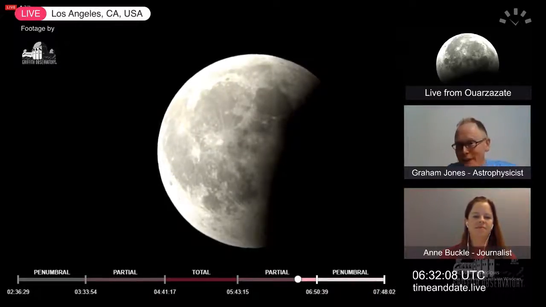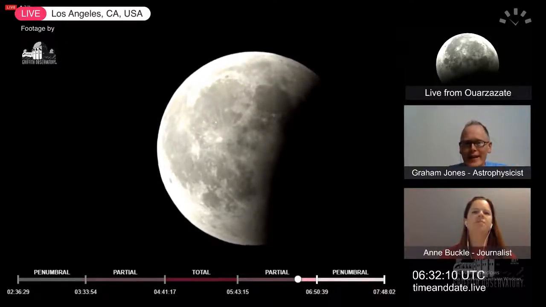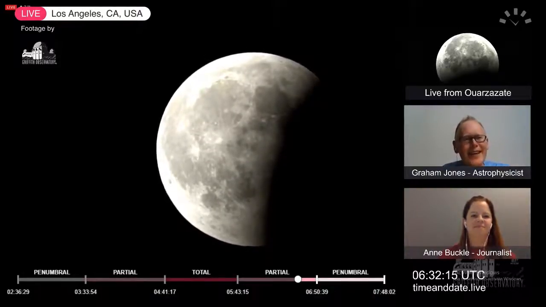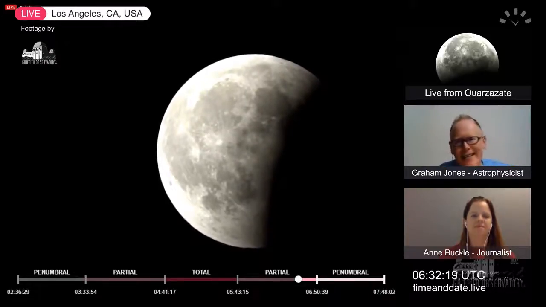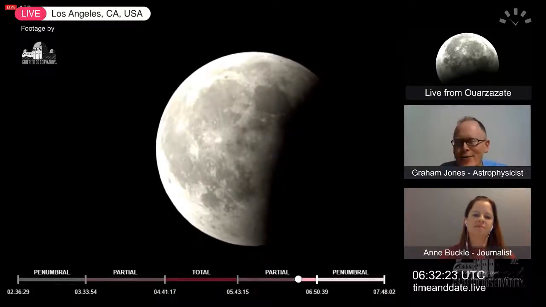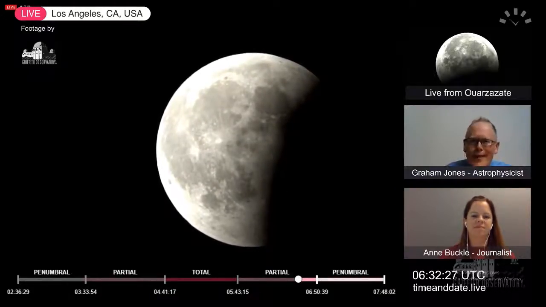We can actually see a very good example of that on the screen right now. Our main picture that we're looking at is coming from Los Angeles, from the Griffith Observatory in Los Angeles. The smaller picture in the top right-hand corner is coming from our Time and Date mobile observatory in Morocco.